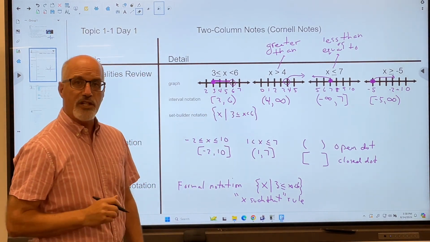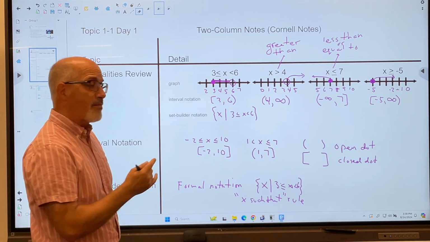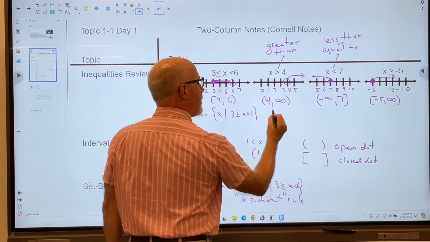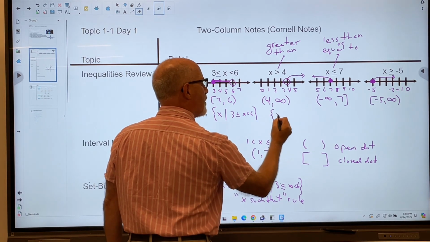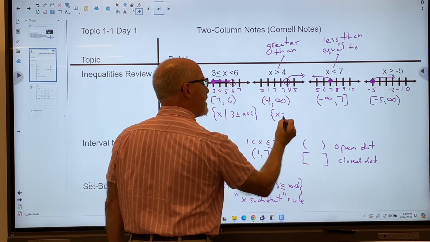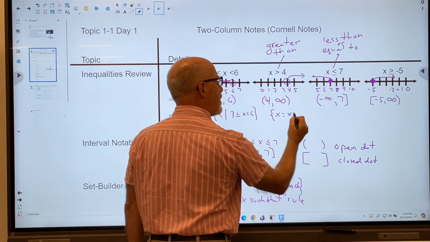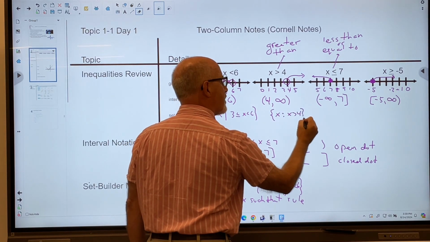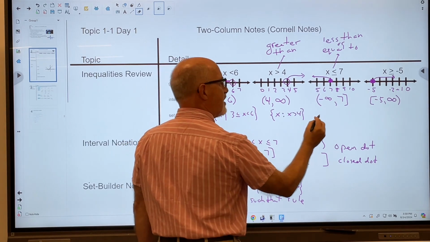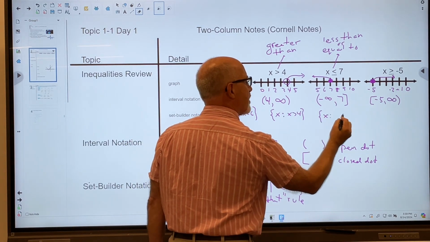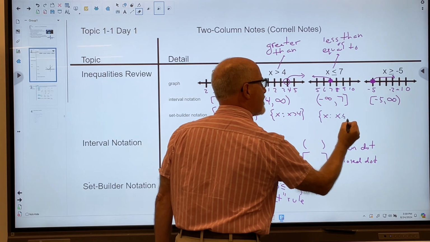Now, mathematicians sometimes don't use the slash, they'll sometimes use instead a colon. So we could do this instead, and it means the exact same thing, slash or colon, same thing, put the rule afterwards. And then lastly here, or the last two here, we'll put x, and I'll do another colon here. x is less than or equal to 7.